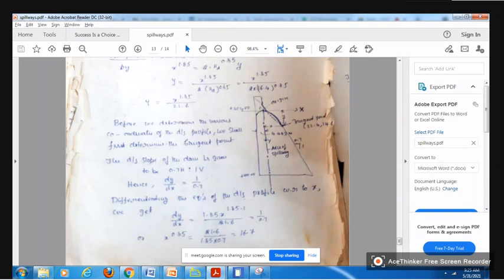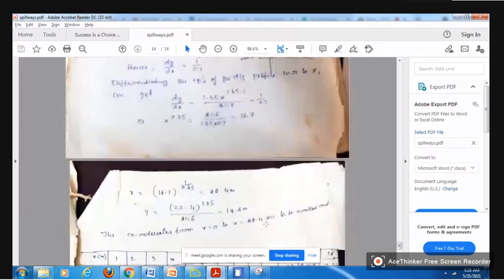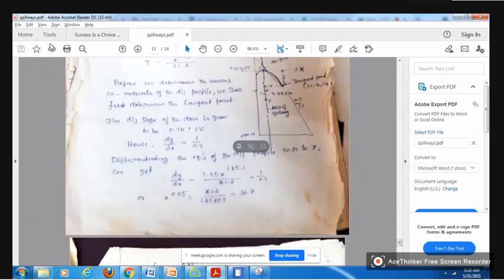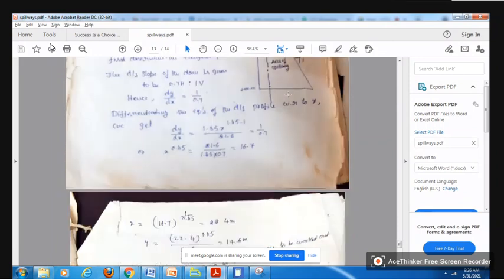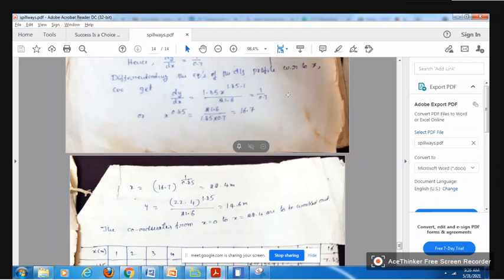So dy by dx is 1.85 x to the power 1.85 minus 1 by 21.6 is equal to 1 by 0.7. Doing that, x came to 22.4. Now you substitute the x value in that equation, and you get y is equal to 14.6. So the coordinates are x is equal to 22.4, y is equal to 14.6.